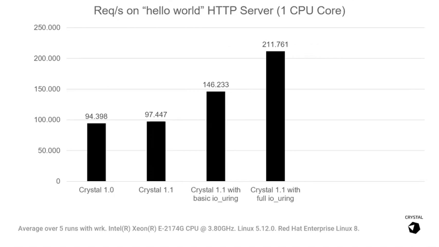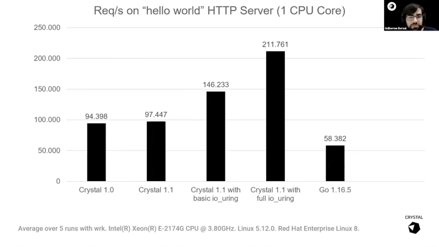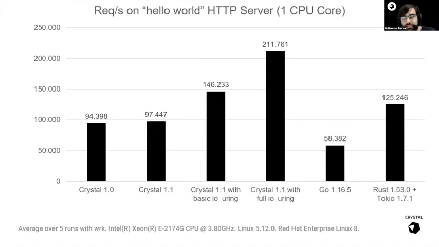To put it into perspective, here is Go. This is a synthetic benchmark, so I'm not saying Go is lower than Crystal, but we can see how those numbers match each other. And we have Rust. Rust is very, very good. Neither Go nor Rust use I/O ring, so it isn't a fair comparison.